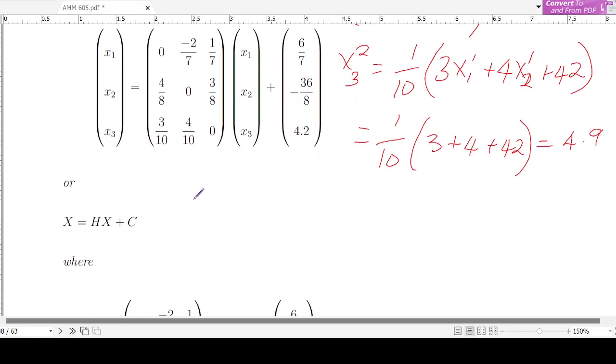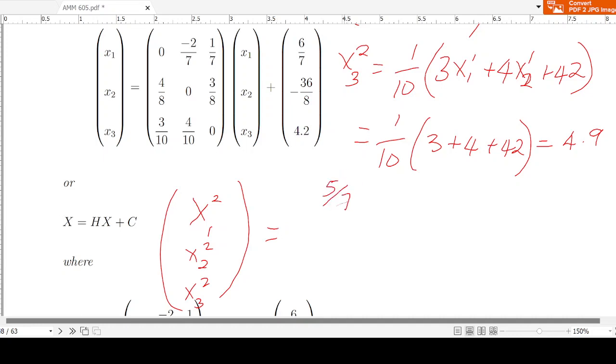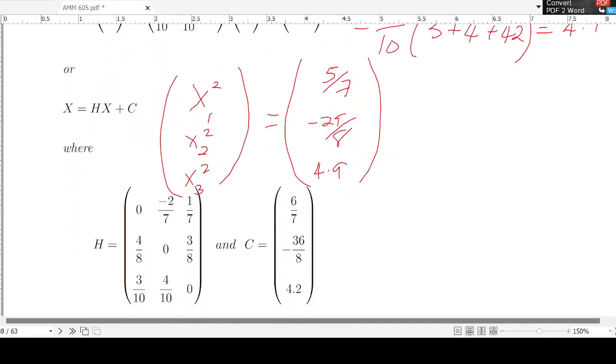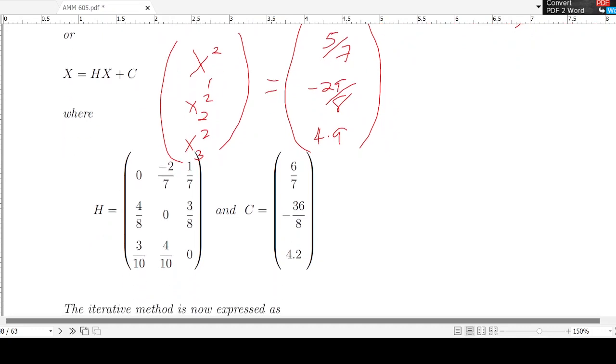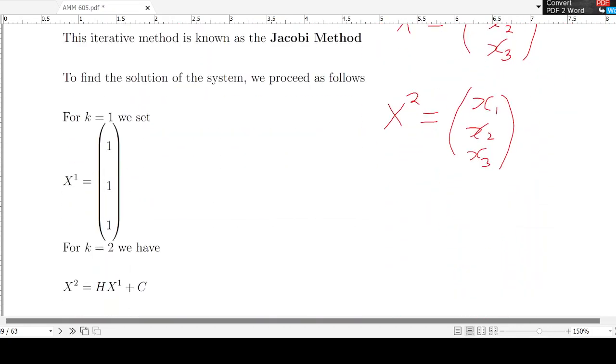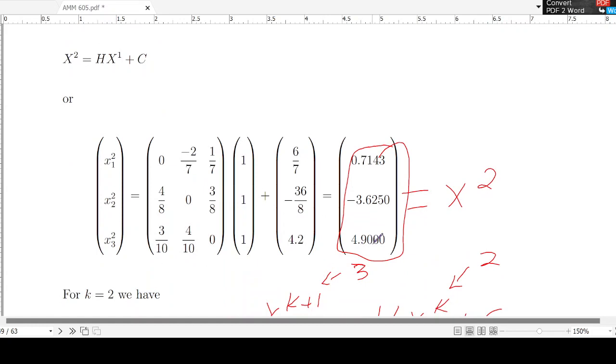Then so we have x1,2, x2,2, and x3,2 equals 5 over 7, minus 29 over 8, and 4.9. This is our solution after the first iteration, which is what we were obtaining after the first iteration here. These values here, which we are calling x2.